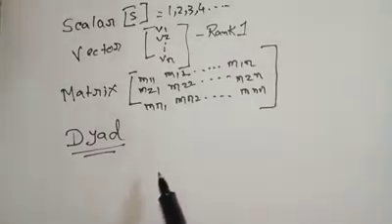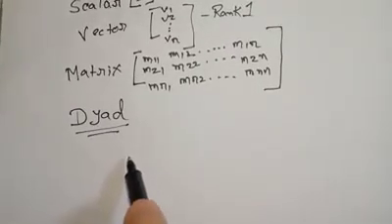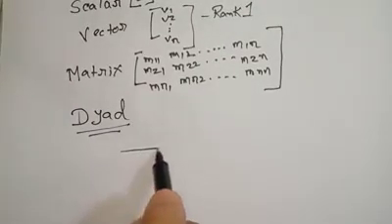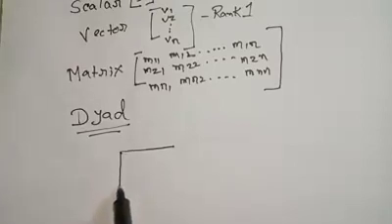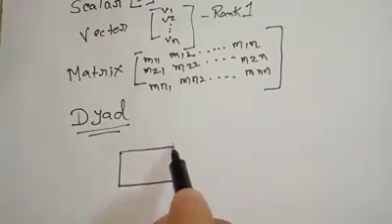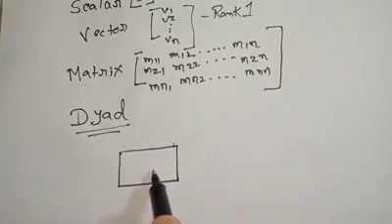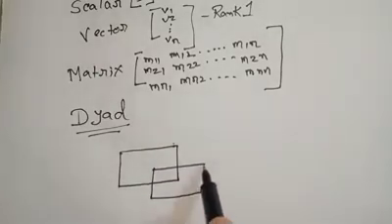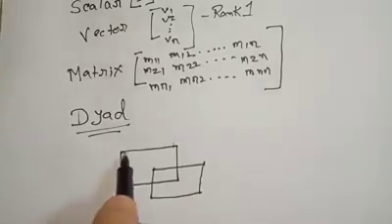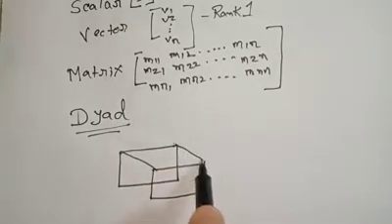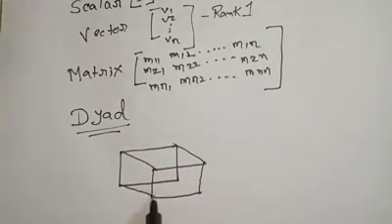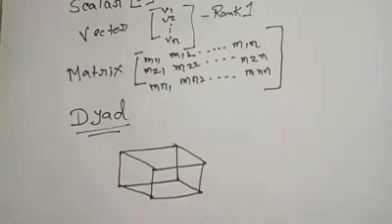Yes, it would look something like this. So we join the edges. So this would be a typical example of a dyad.